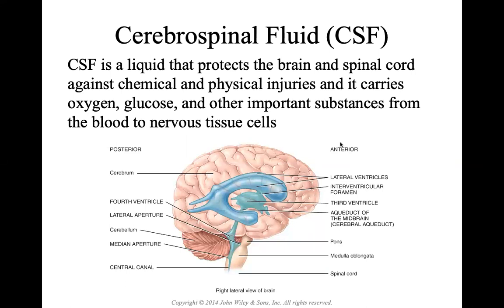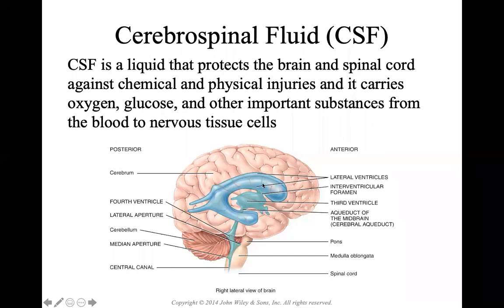It's the chamber for which cerebral spinal fluid is going to travel. So CSF is the liquid that protects the brain and the spinal cord against chemical and physical injuries, and it's carrying oxygen, glucose, and other nutrients that are important for the functioning of the neural system.